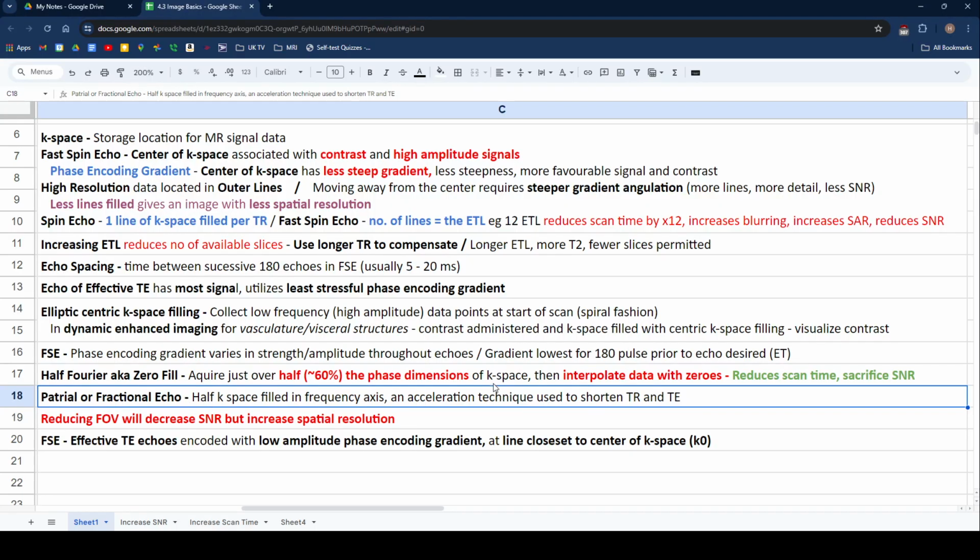It is an acceleration technique used to shorten TR and TE. Reducing your field of view will decrease signal to noise, but increase spatial resolution. In fast spin echo, the effective TE echoes are encoded with a low amplitude phase encoding gradient at the line closest to the center of K-space, K0.